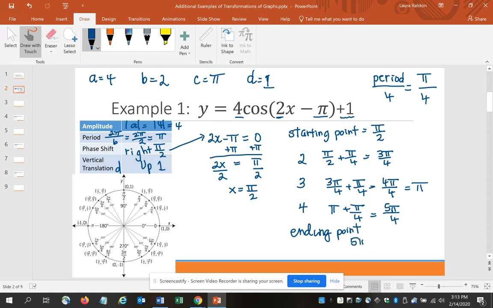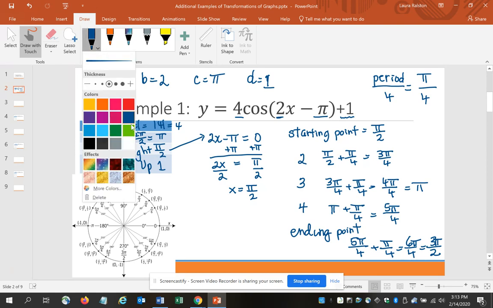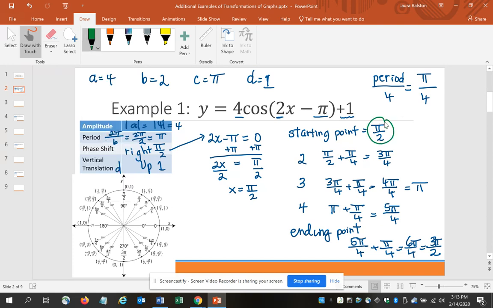Then I have 5 pi fourths plus pi fourths, which is 6 pi fourths, or simplified is 3 pi halves. Okay, so on my graph, I'm going to need to use the values pi halves, 3 pi fourths, pi, 5 pi fourths, and 3 pi halves.